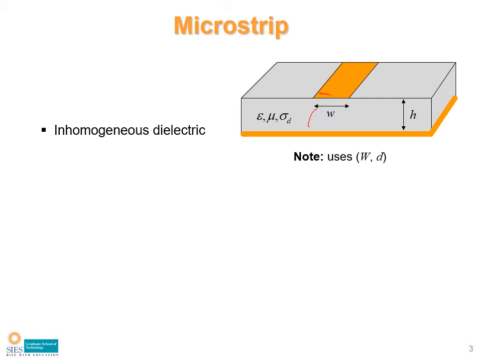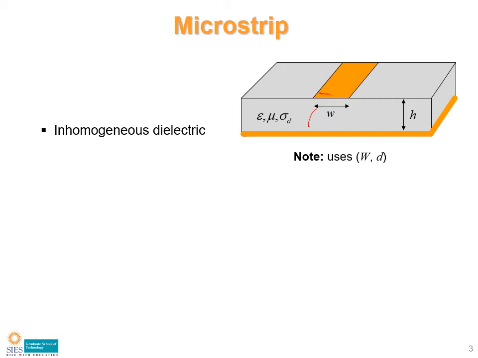So whenever the signal propagates through this microstrip line, it comes in contact with two dielectric materials. One is air and one is the dielectric material used for the construction of this line.